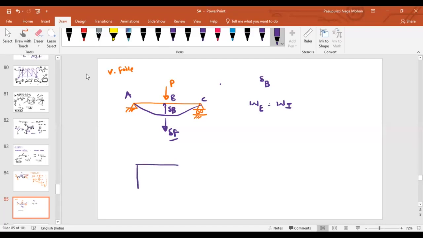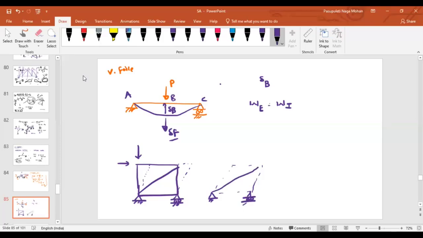Similarly, if I want to talk about the truss case, let us take a simple truss, and imagine there are some loads acting like this, and because of these applied loads, let us assume it has deflected to somewhere here.